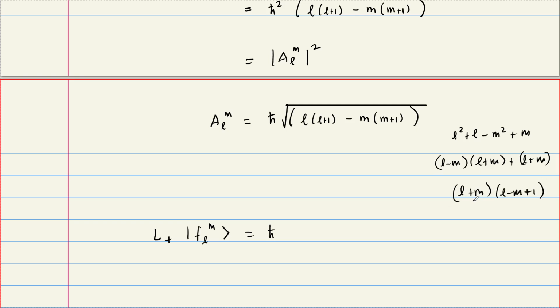And this way you know that when M is equal to minus L, it's going to be annihilated immediately, so that you don't have to put numbers here. And choose whichever you want. I think it doesn't matter. So this is going to be L plus M, L minus M plus 1. And this is acting on F, L, and giving us M plus 1.